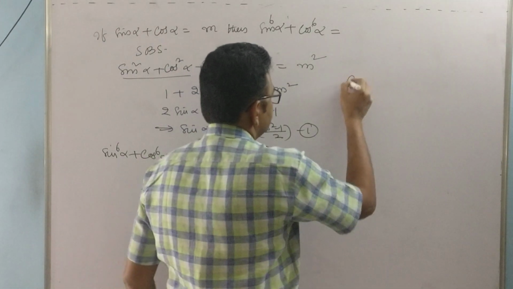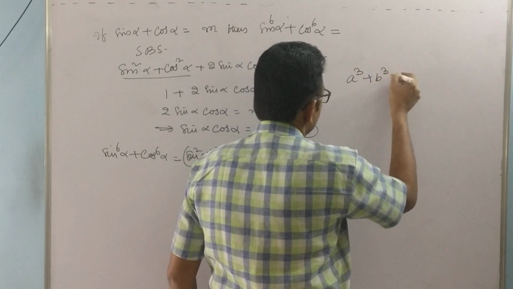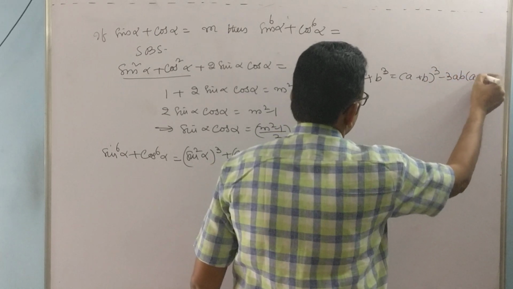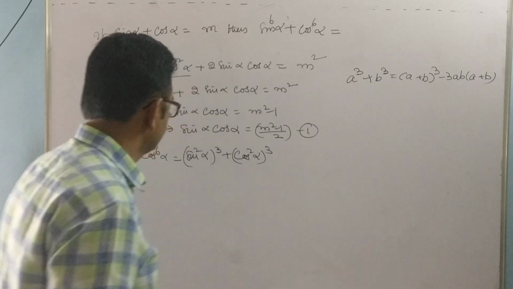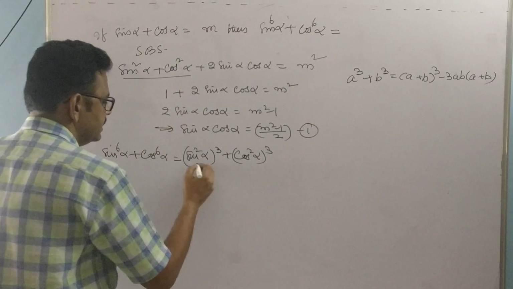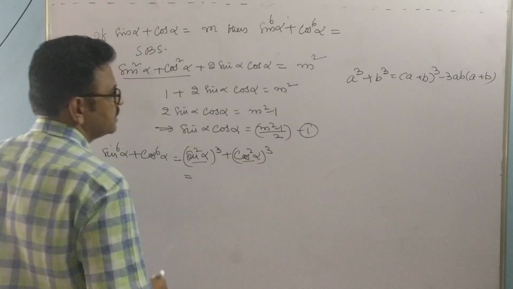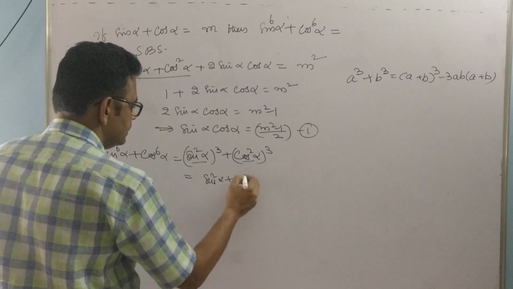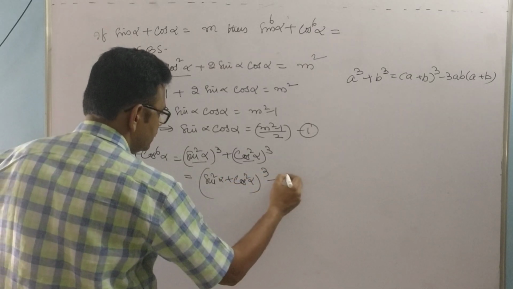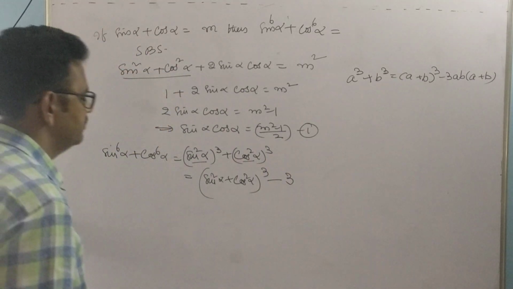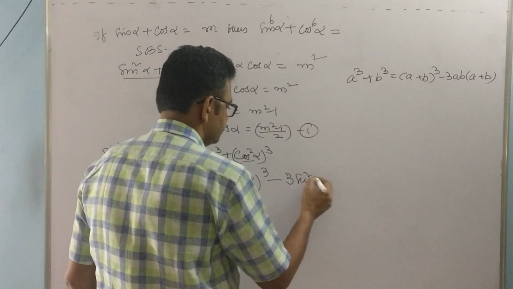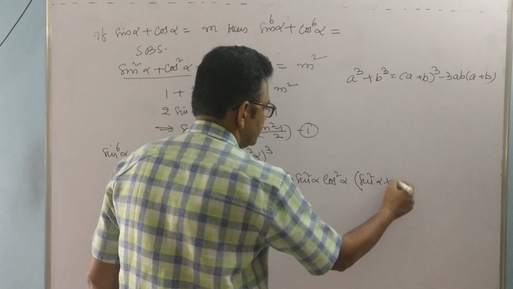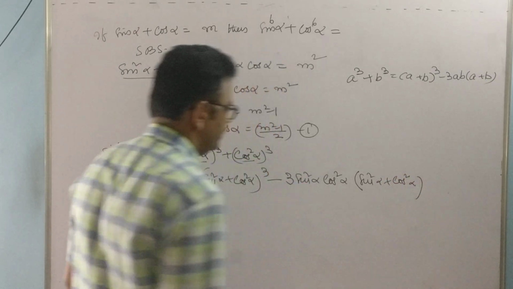What is a cube plus b cube form? A plus b whole cube minus 3ab into a plus b. Here a is sine square alpha, b is cos square alpha. A plus b whole cube, sine square alpha plus cos square alpha whole cube, minus 3ab, where a is sine square alpha, b is cos square alpha, into a plus b, sine square alpha plus cos square alpha.